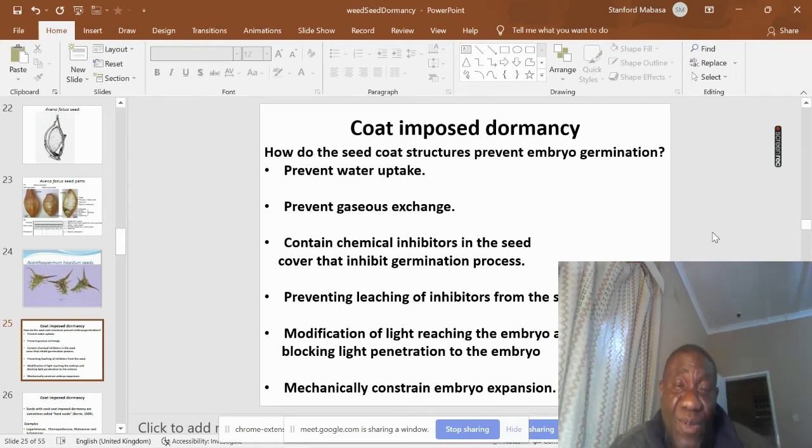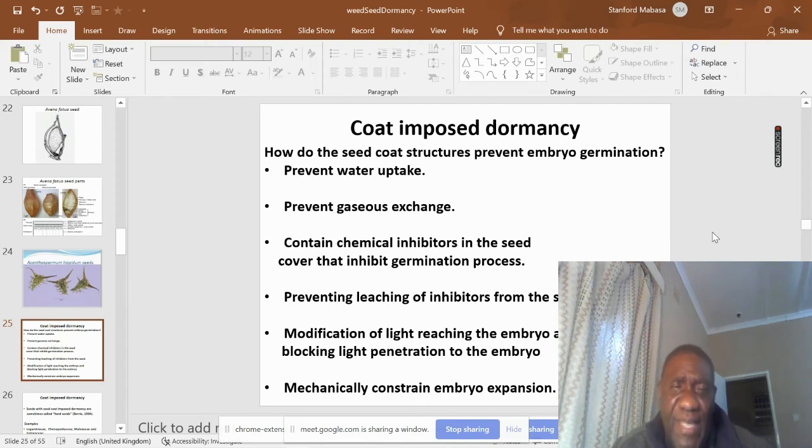If there's no oxygen, there's no respiration, there's no germination. The seed coat may contain chemical inhibitors in the seed cover that may also stop the germination process.